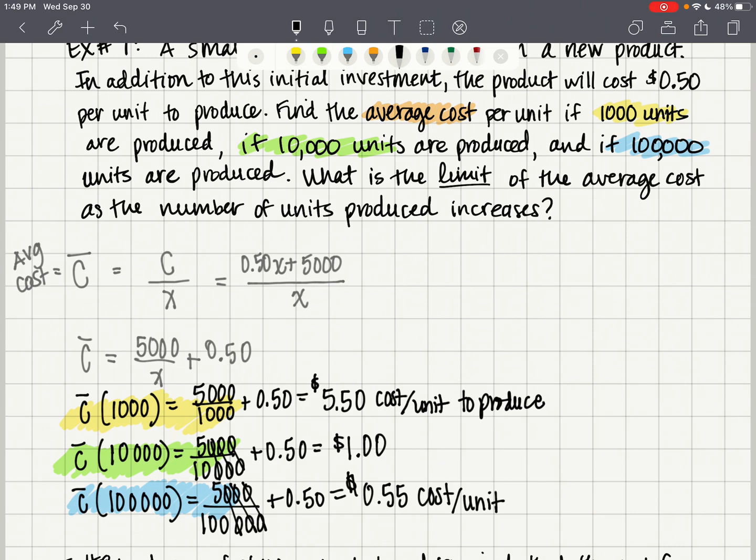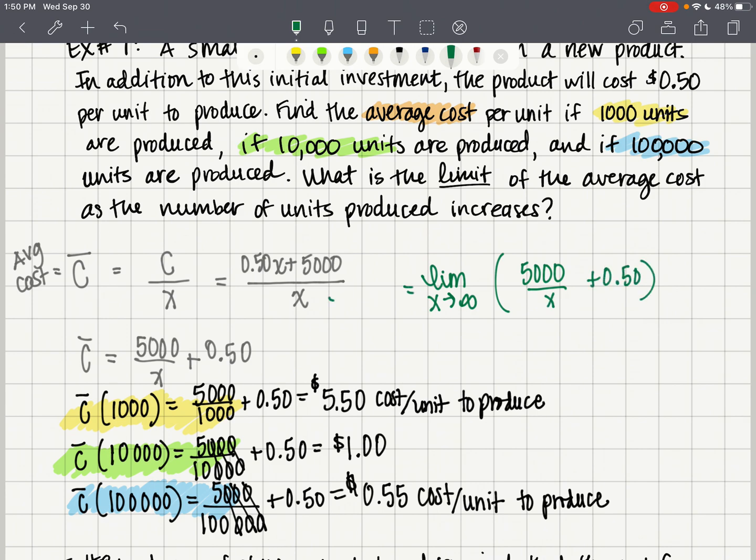So 55 cents per unit to produce. What happens as our input gets even bigger than that? Well, as our input gets even bigger, that's when we would be looking at the limit as that input x approaches infinity of 5,000 over x plus 0.50.